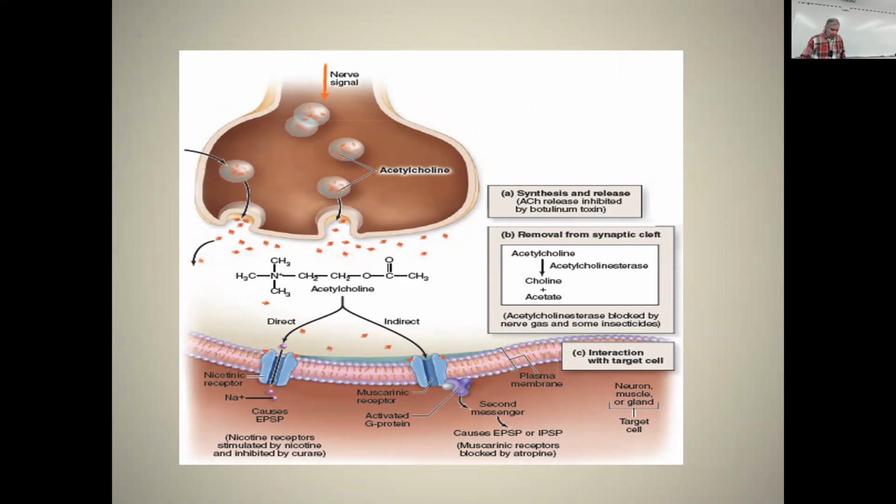Some cholinergic synapses have muscarinic receptors. These things are named after some kind of compound from mushrooms called muscarine, but they're also blocked by atropine. And what they do is they activate a G protein, a second messenger, that will go over and open up ion channels. So it's a little slower process, usually longer lasting though. So that's called an indirect process.